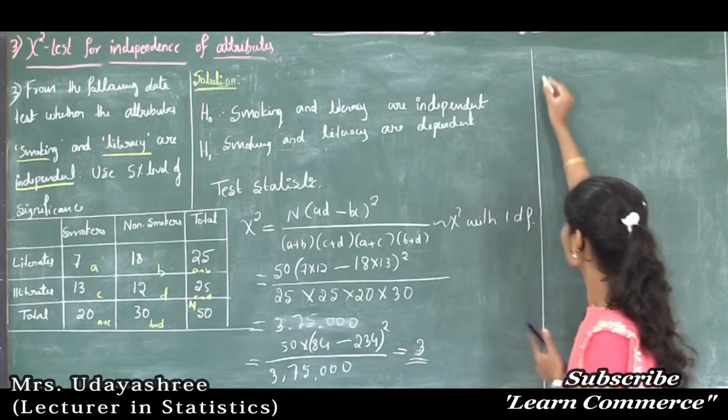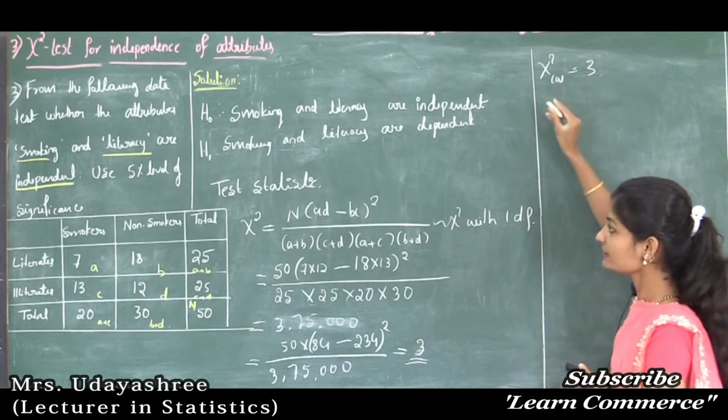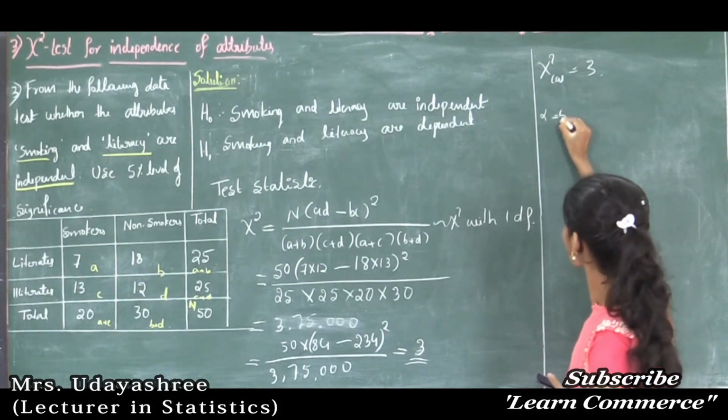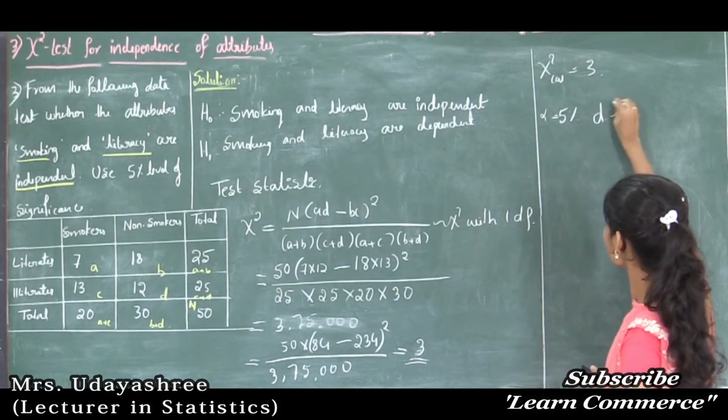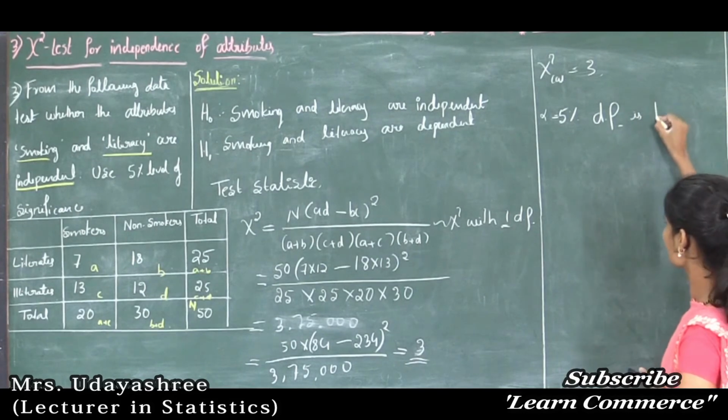So the chi-square calculated value is 3, and alpha is given as 5%. And what is the degrees of freedom? Degrees of freedom is 1.